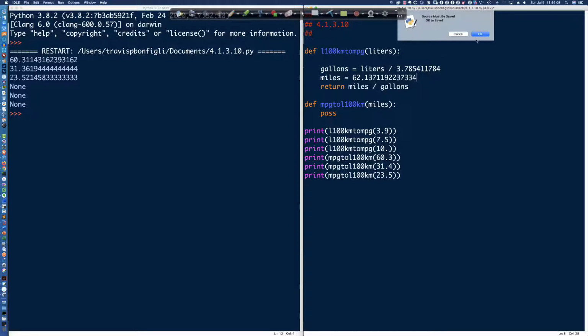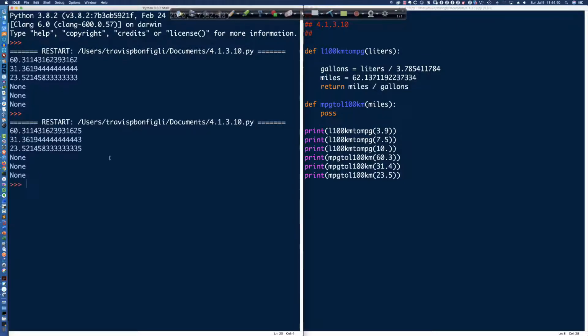And what we're going to find is that by hard coding the miles value in, take a look at the difference between the first, second, and third values we get returned. Now, you may say that's kind of ridiculous.